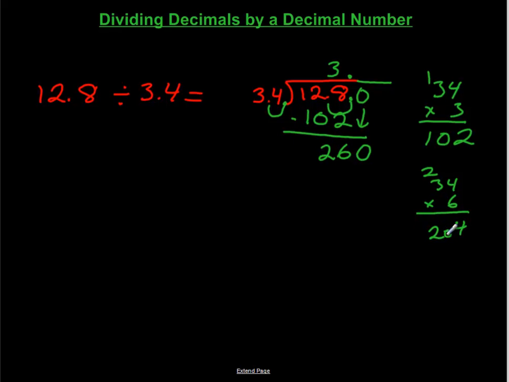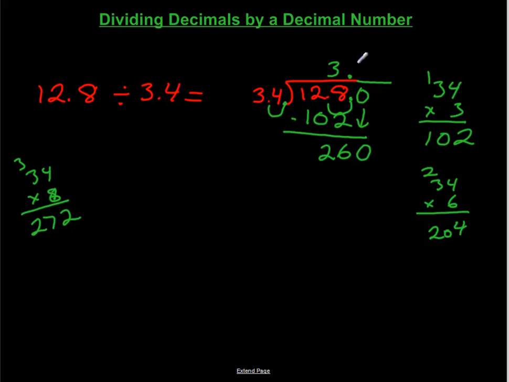So 204. That's close, but maybe I can get even closer. What if I tried 34 times 8? 4 times 8 is 32, put my 2 down, carry my 3. 8 times 3 is 24, plus 3 is 27. Rats. So 6 is too small, 8 is too big.